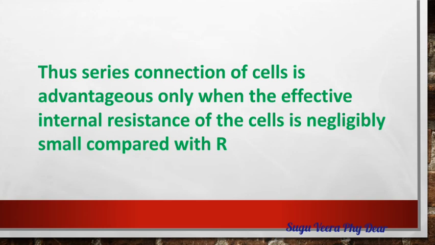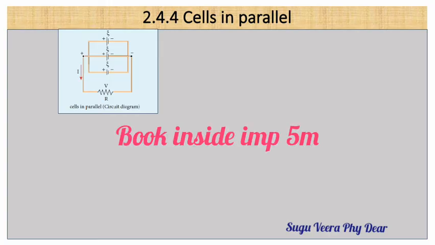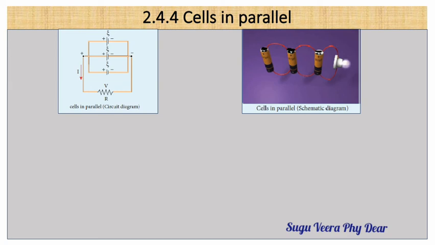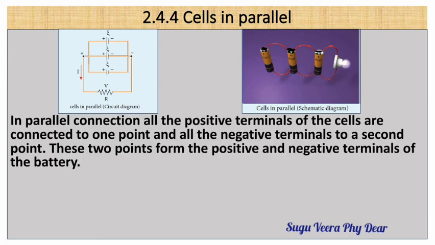Fourth and last topic, cells in parallel. In parallel connection, all the positive terminals of the cells are connected to one point and all the negative terminals to a second point. These two points form the positive and negative terminals of the battery.